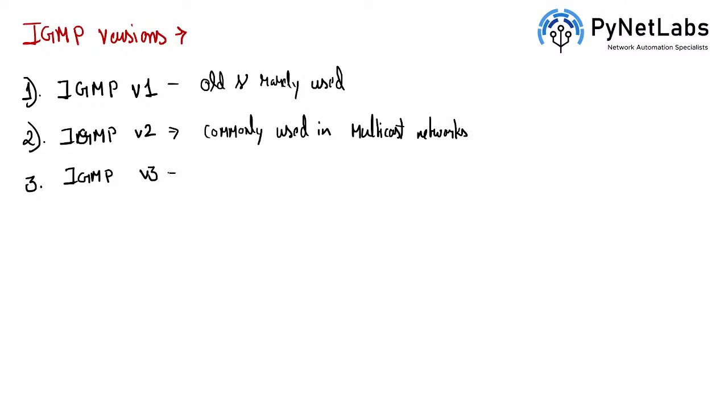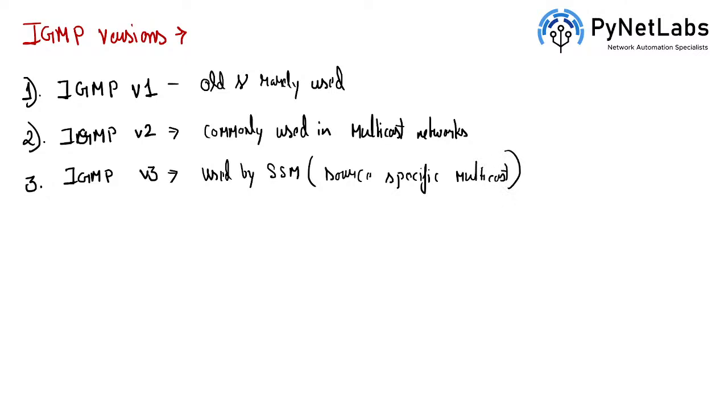IGMP version 3 is used by SSM, which means source specific multicast.